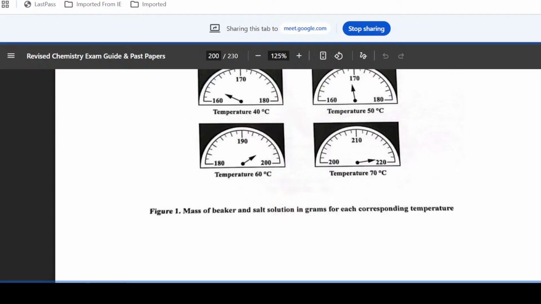Alright, so I'm going to show you, since we didn't plot the graph, the same graph.